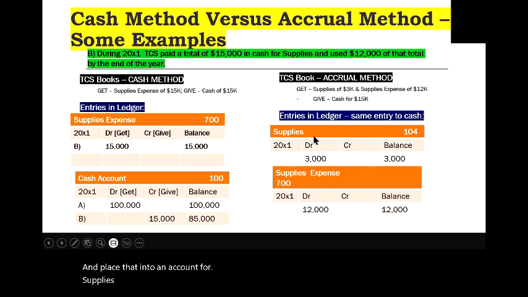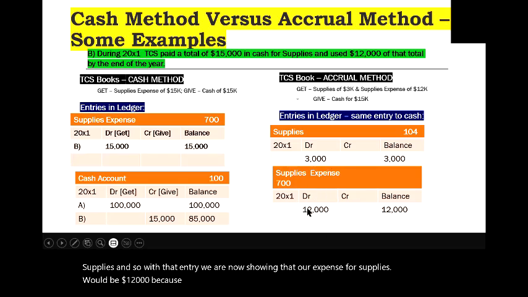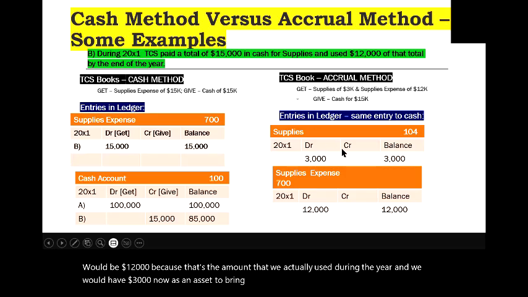And so with that entry, we are now showing that our expense for supplies would be $12,000 because that's the amount that we actually used during the year, and we would have $3,000 now as an asset to bring forward to the next year.